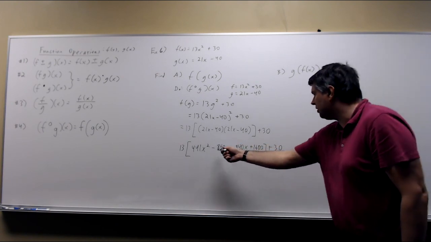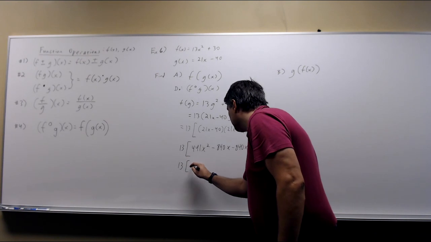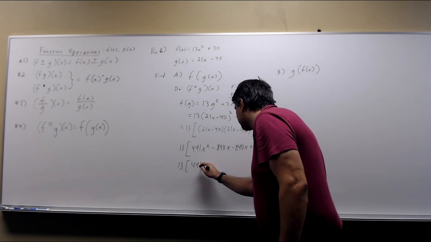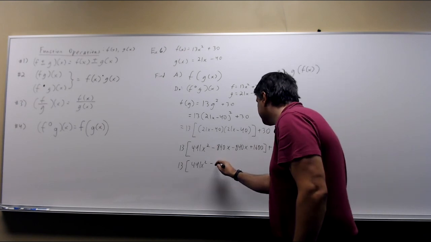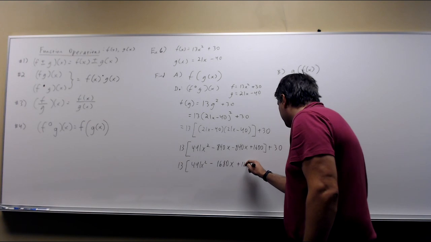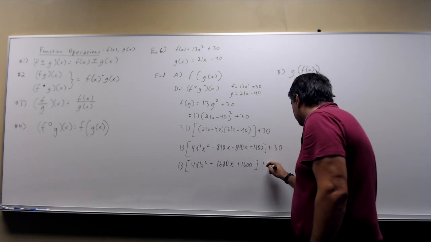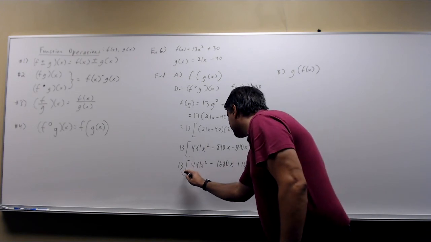I'm going to distribute these. This will be 13 times 441x squared. So I'll distribute these after they're combined. So this is going to be minus 1680x plus 1600. All right? That's going to be a distributive property situation.